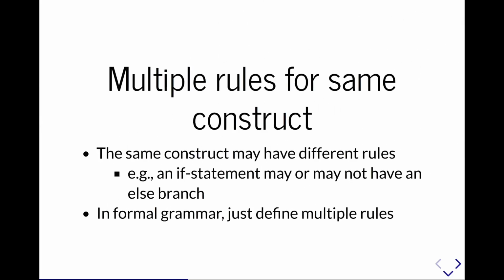Okay. So the way these constructs work, if you've taken discrete and learned about Chomsky normal form, just having production rules isn't quite enough. If we just had one way to say a sentence, we wouldn't support all the various ways to say a sentence. Or if we just had one kind of declaration, we may not support struct declarations or other kinds of declarations. So the way these grammars work is the same construct name can have multiple rules that it matches.